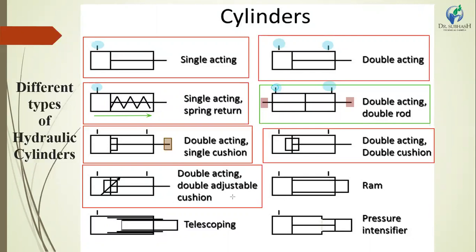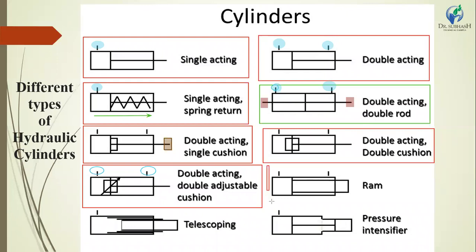So double acting and double adjustable cushioning is necessary. Here there is also one inlet and one outlet point. It also looks like a double acting cylinder, but it is a variable or adjustable piston arrangement.